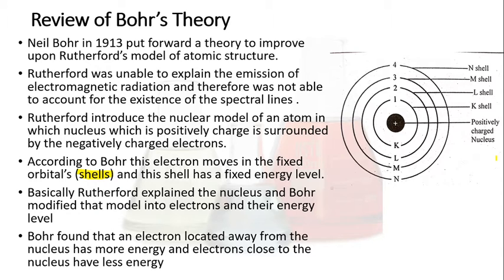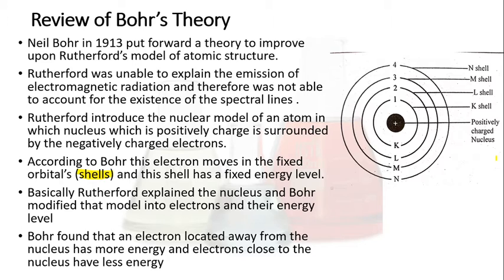So basically you have to remember that Bohr tells us that electrons move in specific fixed orbitals called shells, and each shell has a fixed energy level. Rutherford explained the nucleus, and Bohr modified that model with electrons and their energy levels.